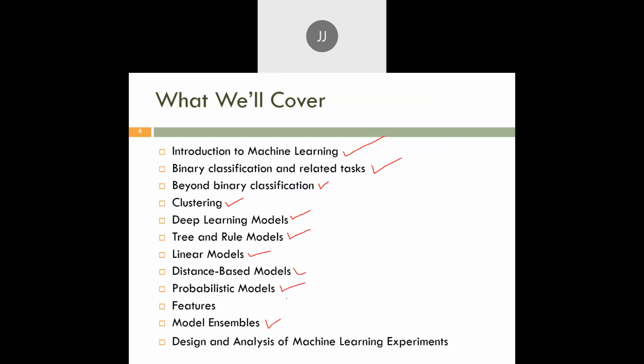All of this will be your main ingredient for machine learning. We call it data mining using machine learning. Basically, the task that we want to do is data mining, but we apply machine learning to perform the data mining. So these are all the weekly lectures that we will be having.